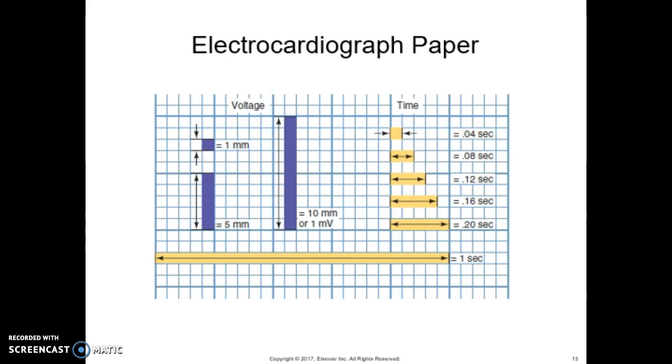Another way to say this is that at normal speed, the ECG paper travels past the stylus at a rate of 25 millimeters per second, and voltage can be displayed as either a positive or a negative deflection. But when you're learning to read it, it's easiest to understand that if we take 5 squares and multiply by 0.2 seconds, that's how we get the 1 second intervals.